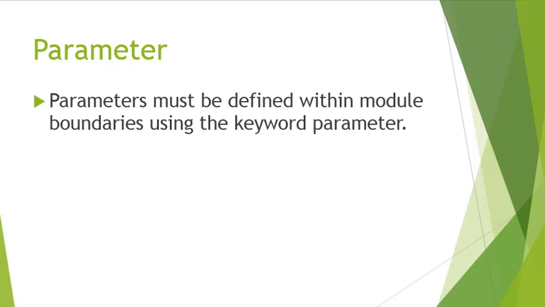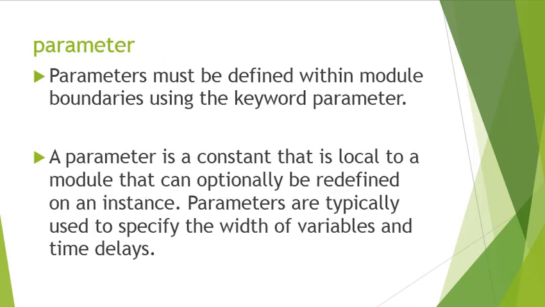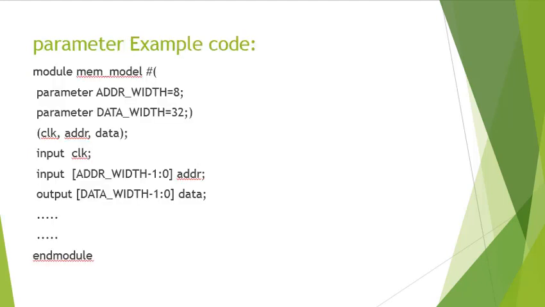Next, parameter. A parameter is also used to define a value within the module boundaries using the keyword parameter. The redefining concept is not necessary for this topic. This is the declaration procedure of a parameter.